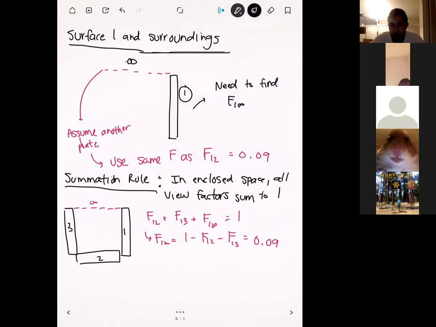Okay, but I wanted to show you both ways because we've already gone through the trouble to compute F12 and F13. In those cases, you can just use the summation rule for that. Okay. All right. And so now that we know the view factor, we can go ahead and plug that in.